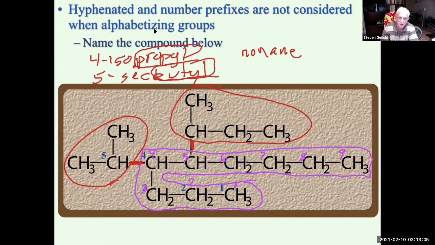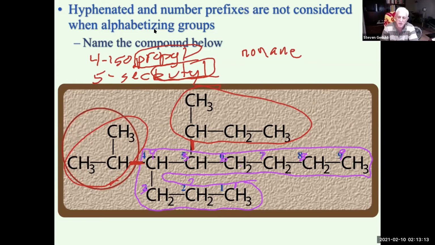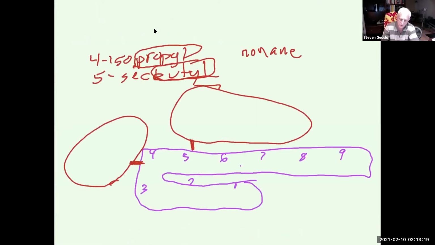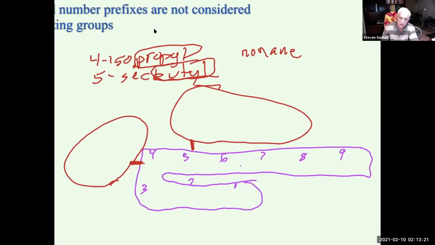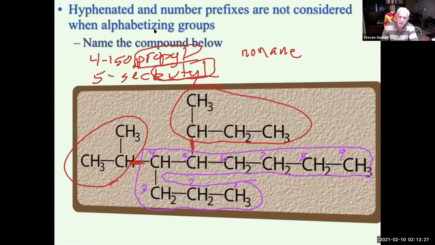It's going to number it just the same way we did. It's going to give you one substituent, the other substituent. Sometimes it advances too fast on the screen here.